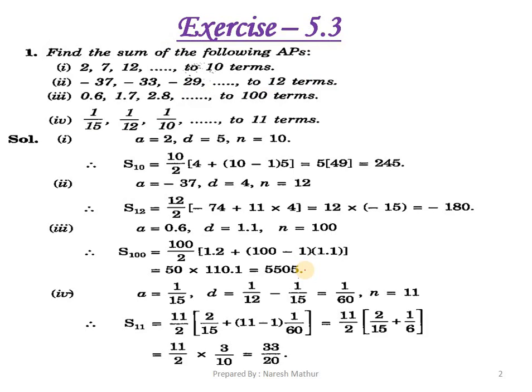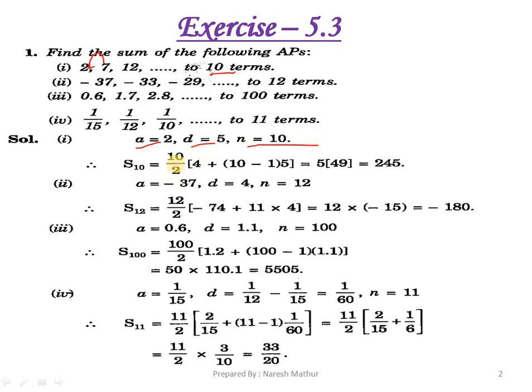First question, find the sum of the following APs. Now we are given an AP 2, 7, 12 and so on up to 10 terms. So just write the terms which are known to us. Let's say the first term is 2, so a equals 2. 7 minus 2 is 5, so d is 5, and the total number of terms is 10.